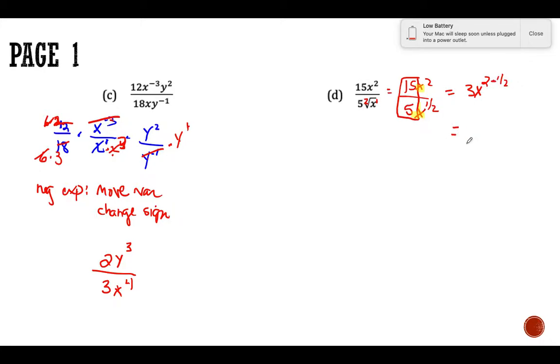So that's actually 3x to the 2 minus a half is 1.5. We rarely use decimals in calculus. So we write that as 3x to the 3 halves. Nobody told me they wanted my answers with positive exponents, so I'm leaving that like this. I'm not going to turn that back into a radical.